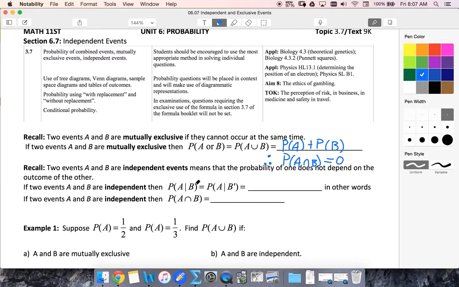So normally we know that the probability of A given B is equal to A intersect B divided by probability of B. But now we're saying it doesn't depend on what happened with B. So the probability of A given B, it doesn't matter. It's still just going to be whatever the probability of A is.